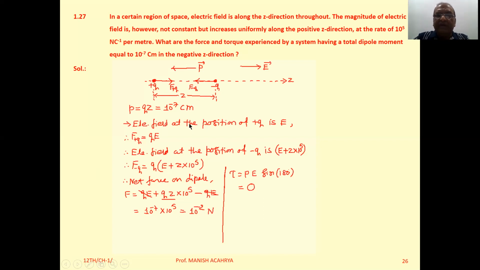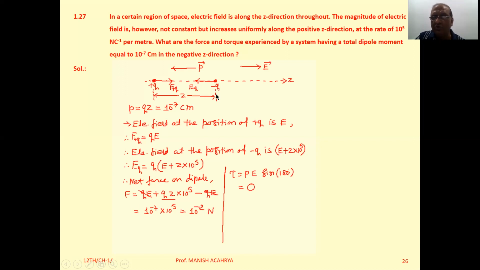Now the force on plus Q will be in the direction of the electric field. The force on minus Q will be in the opposite direction of the electric field. So the net force F equals QE plus QZ into 10 raised to 5.